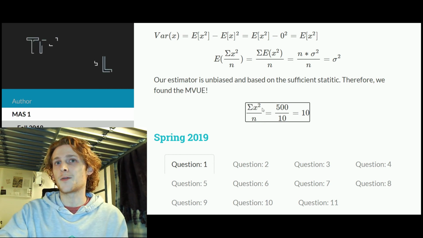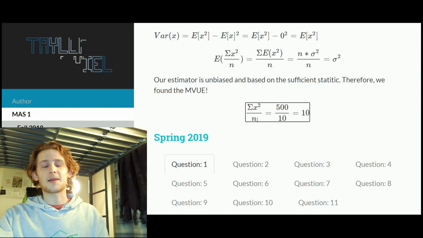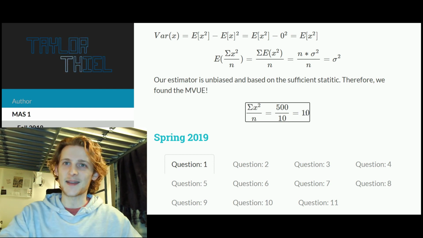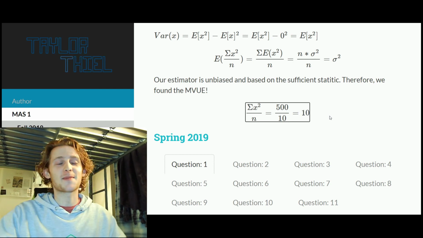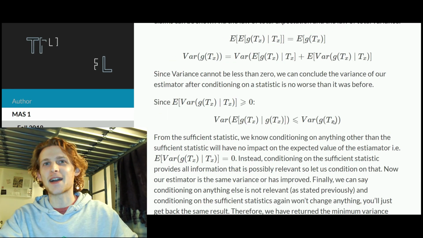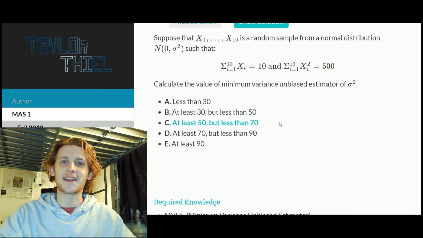So we know the sum of x squareds is equal to 500, and our sample size is 10, and so our final answer is not 10, that's a typo, it is 50. 500 divided by 10 is 50. So scrolling back up, we see that that falls in the range of C, so that's our final answer.